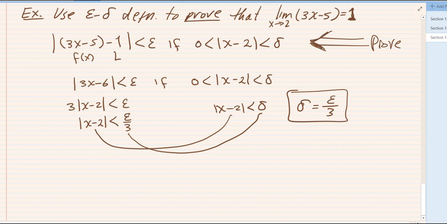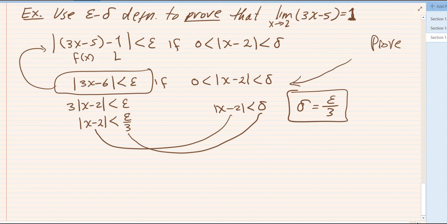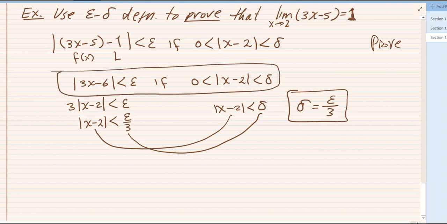This statement that I have is equivalent to the statement that's down here, because the only difference is this part, and remember the part in the box came from that. So these two statements are equivalent. And this last statement, the one that I worked with, actually holds and is true when delta is epsilon over 3.